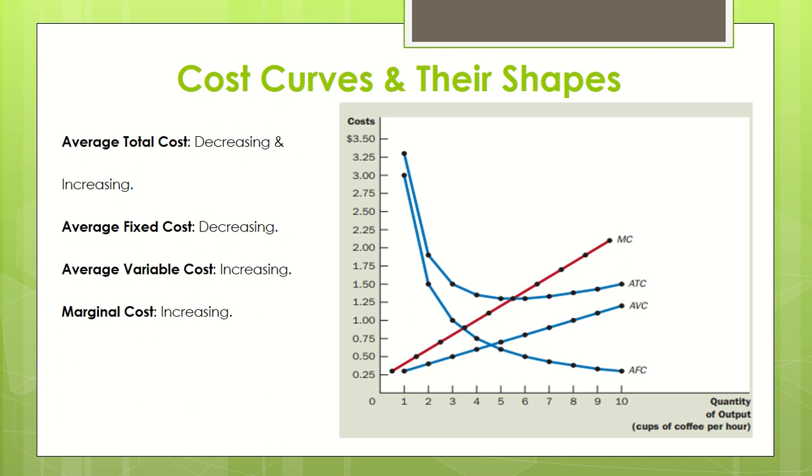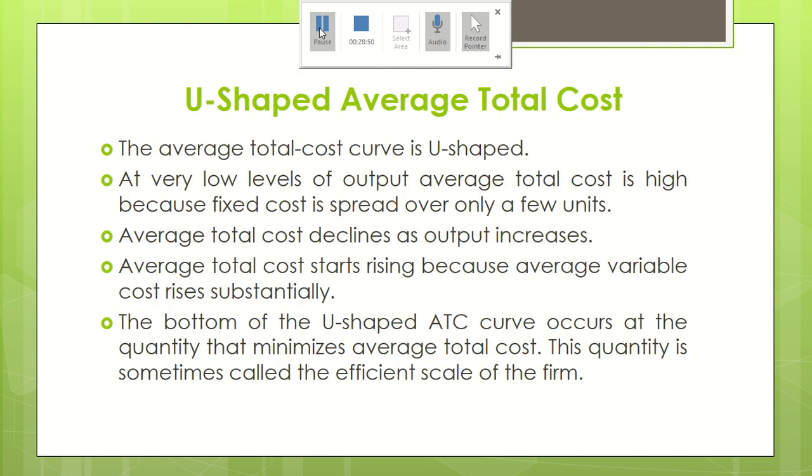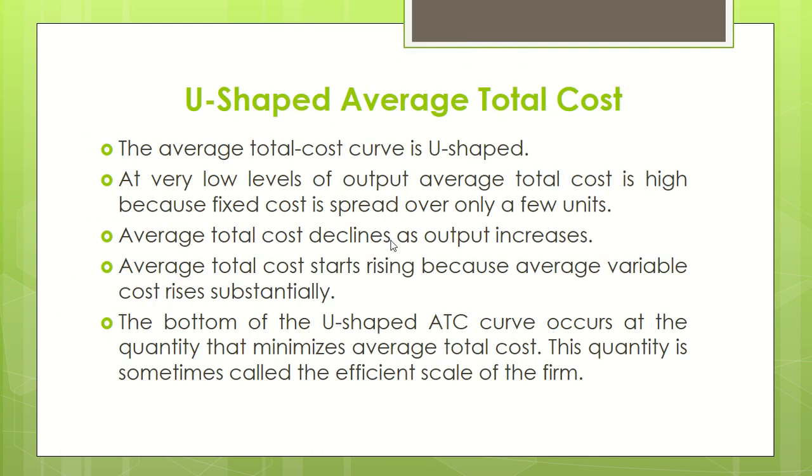So coming to the conclusion, here is a quick review of the table and the graph in which we have discussed the shapes of different cost curves. One of them is the U-shaped average total cost, and the main points are: the average total cost curve is U-shaped.